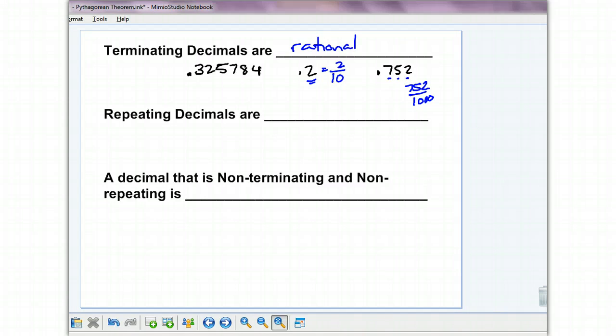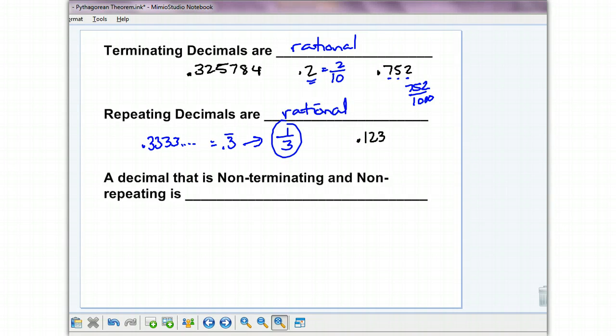Next one, repeating decimals are also rational. Probably the most common repeating decimal that people see is 0.3333, keep going on. That's really just 0.3 with that bar over it. And I imagine you remember that that's just 1/3. And we'll show you why that works. But anything that repeats, even like 0.123, and the 3 keeps going on, if you see a bar over that, there's a way to write that as a fraction.